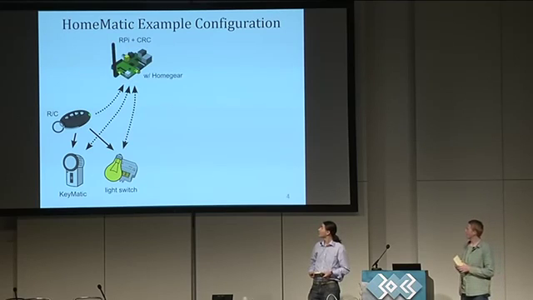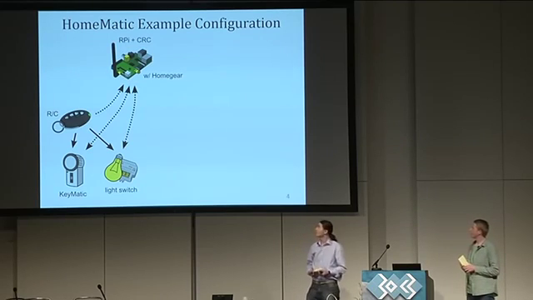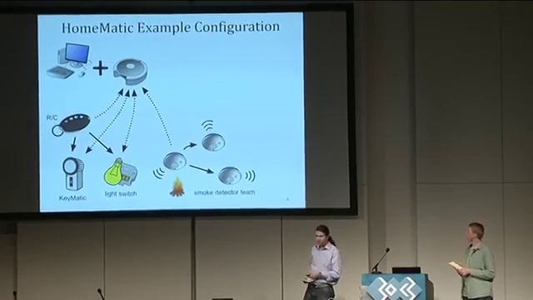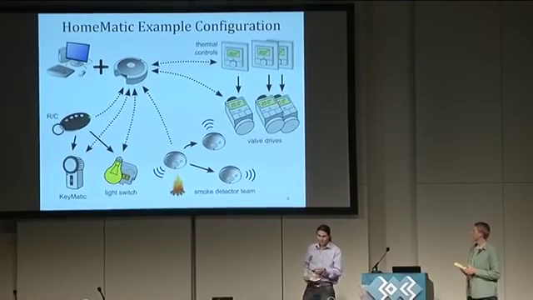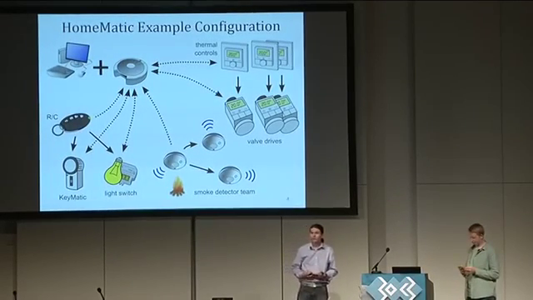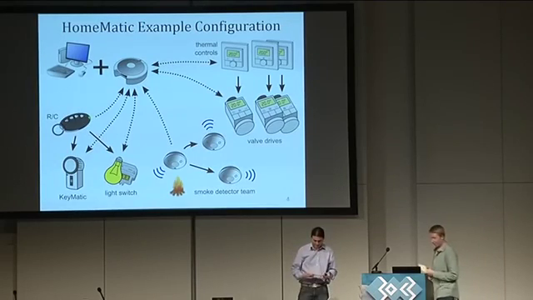Or you may use a Raspberry Pi with a wireless adapter extension running HomeGear software. Then you can add devices like a smoke detector team or thermal controls to regulate your room temperature.